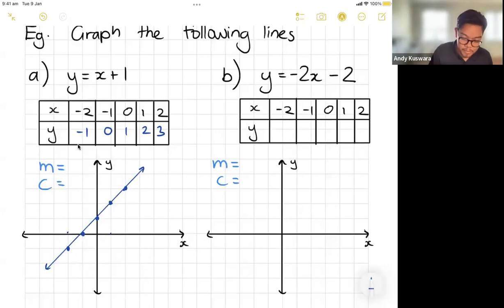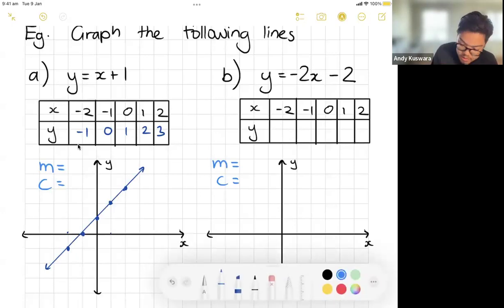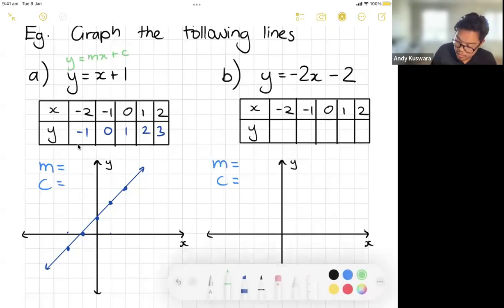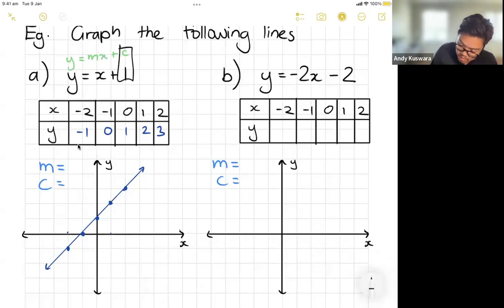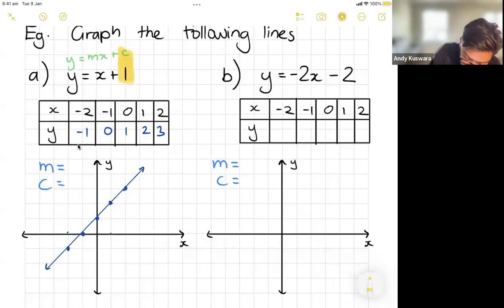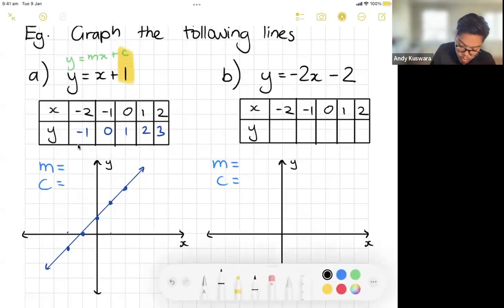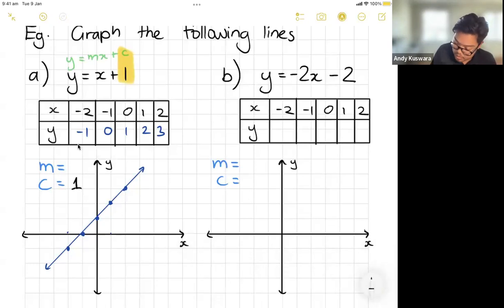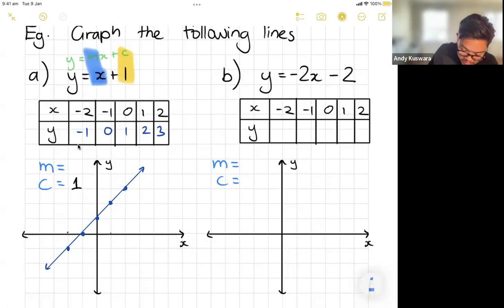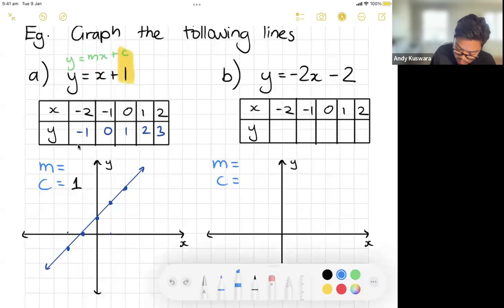Now, what I want you to note here is this is supposed to be the same as y equals mx plus c. Very quickly, you can see that the c, I should probably use a highlighter, let's use yellow, is supposed to be the representative of 1. You can also see that there's only a singular x, and I should probably not make it so thick because that's impossible to read.